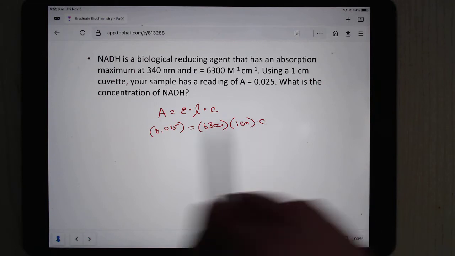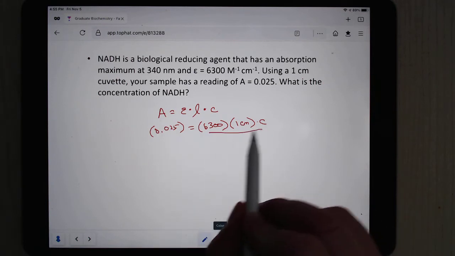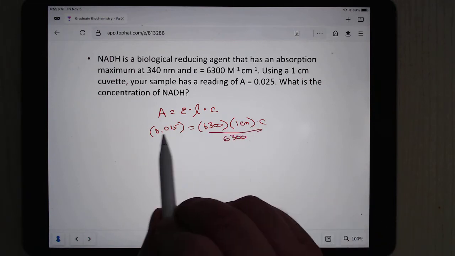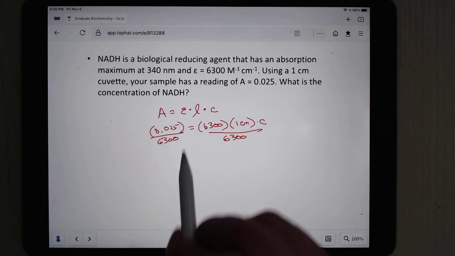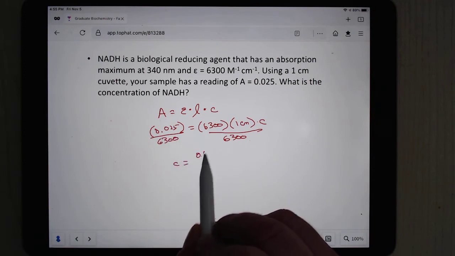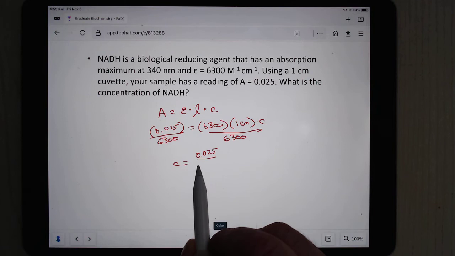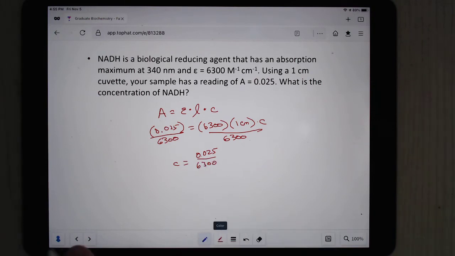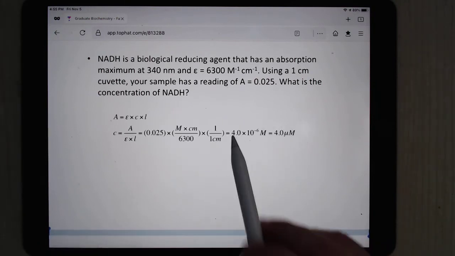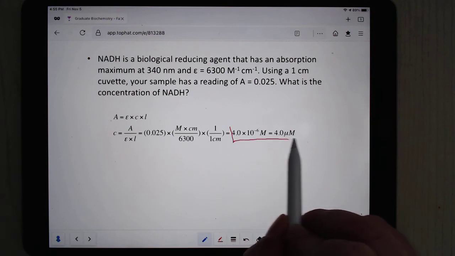Okay, and so when we do this, we're going to divide both sides by 6,300. So C is 0.025 divided by 6,300. And so we end up with this value here.